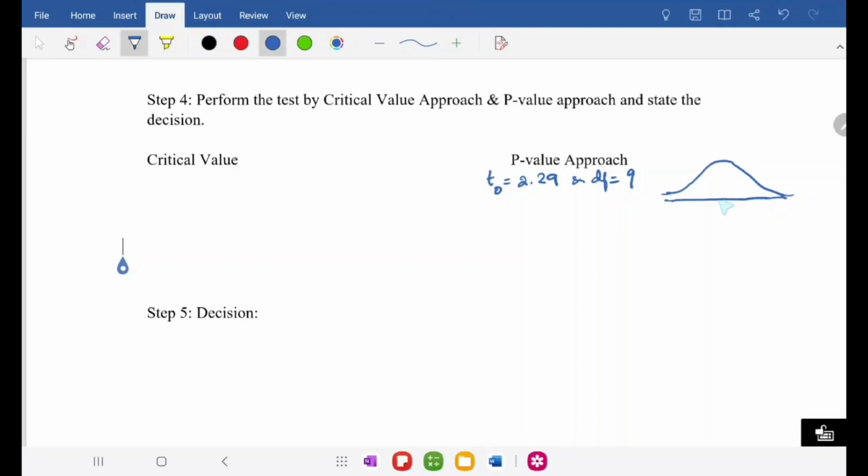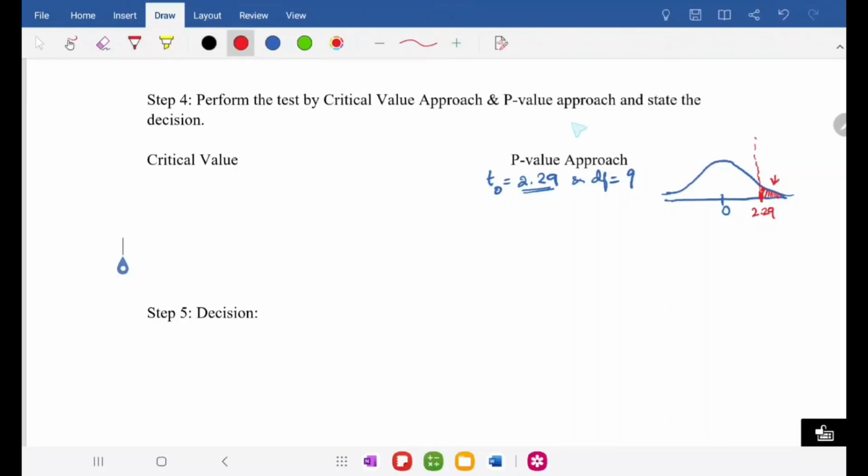All we need to do is locate 2.29, the test statistic value, on our scale. If 0 is here, then 2.29 is way to the right, maybe somewhere here. Extend the line to touch the curve, and the area that falls to the right is going to represent the p-value.